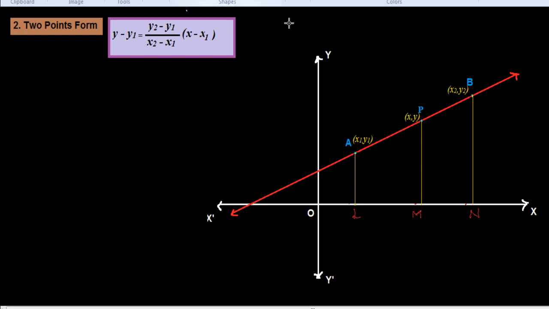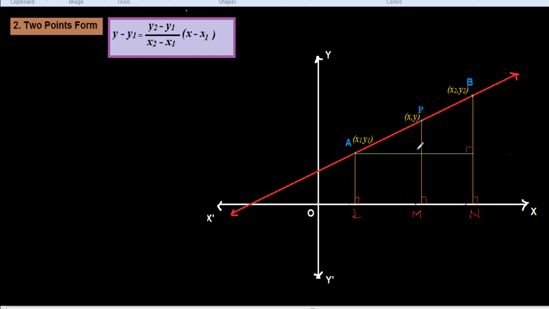Now I draw another perpendicular from A to BN. On BN I am putting one perpendicular here, which is also a perpendicular. Now we have perpendiculars here.